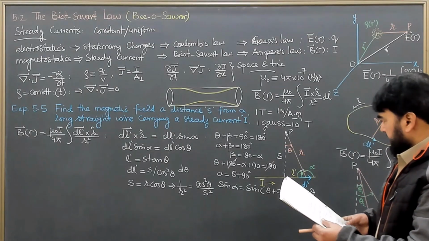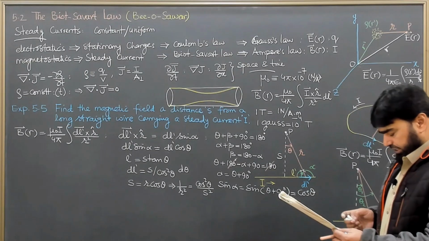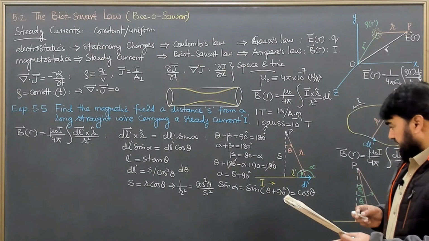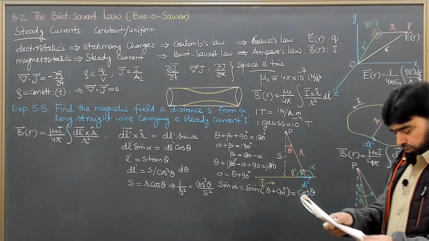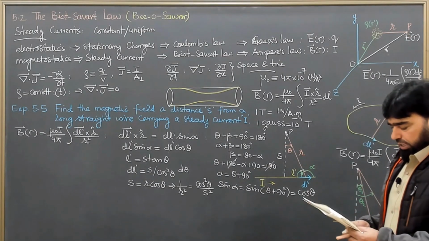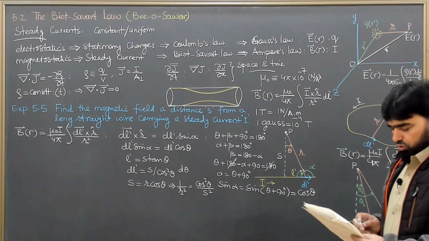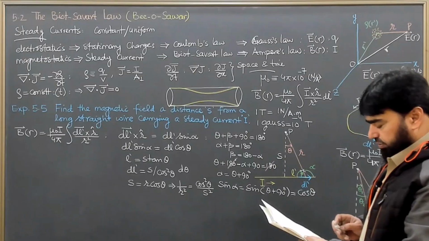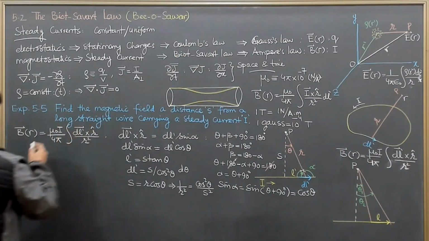So here I have this thing is equal to this, and now I do put the values here. So by putting the values here, let me start from here.